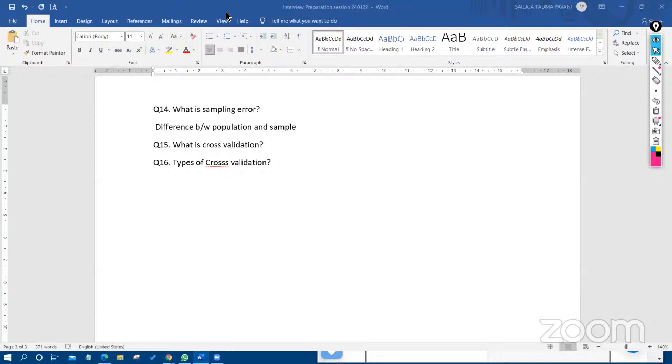Repeated random subsampling validation. So many we have. Majorly time series also is there. Time series cross validation. Yes, Ashish, there are more. Maybe 8 or more we may have.